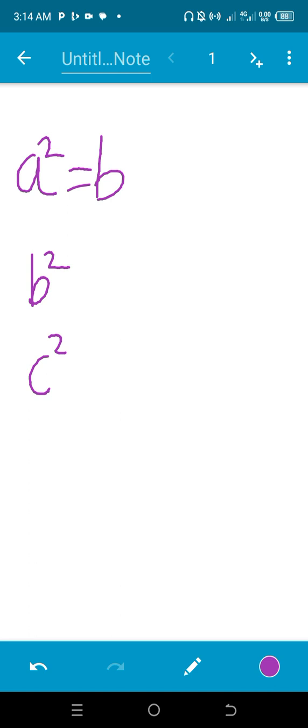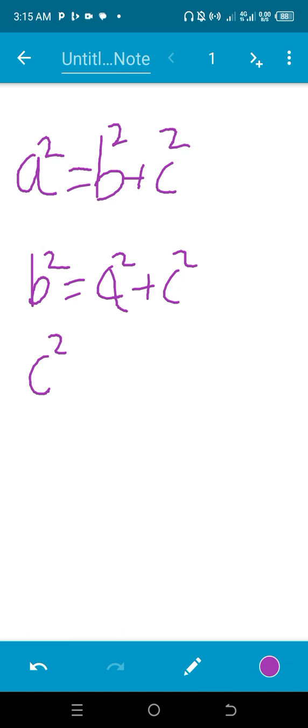It is b and c. If we write b, what is missing? Alphabetically it is a, then c. If we write c, it is a, then b.